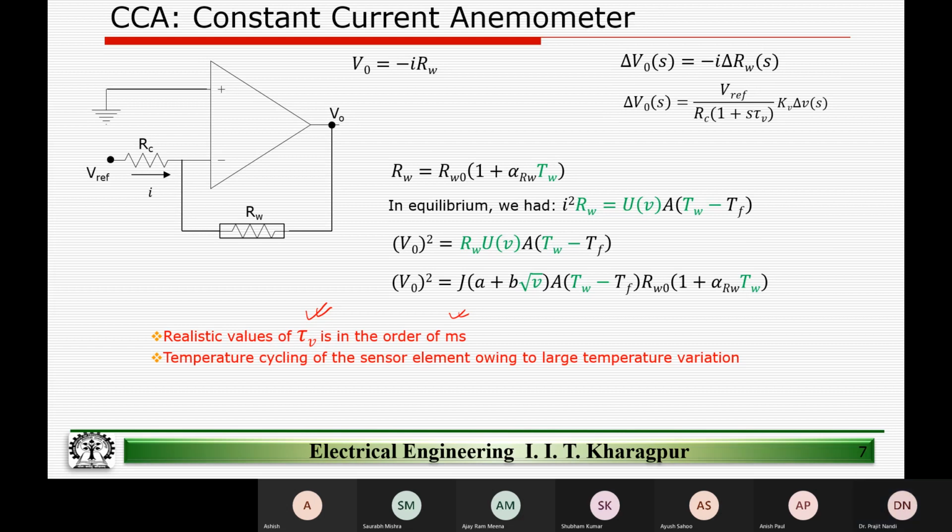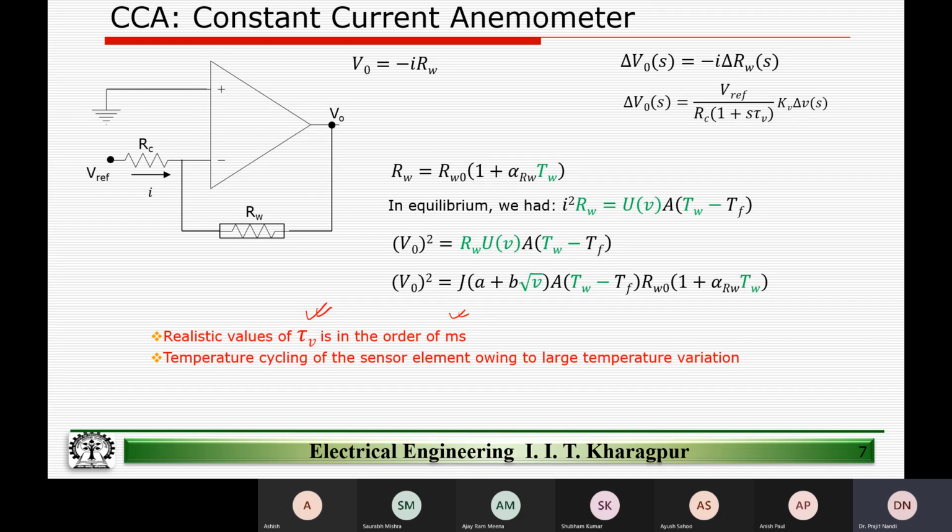Whatever parameter we are sensing, we want the output to give us a measure of the input variable as quickly as possible, right? If there is a change in the velocity, you wouldn't like your instrumentation system to wait forever to give you the right measure of the change, right? So that's not a good thing. So the importance of tau v, or the importance of the time constant, we already understand.